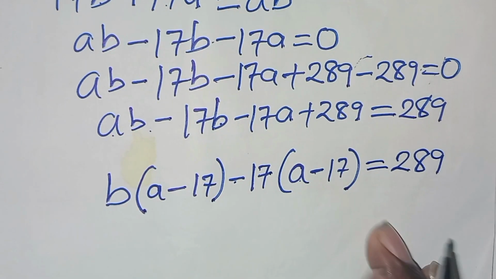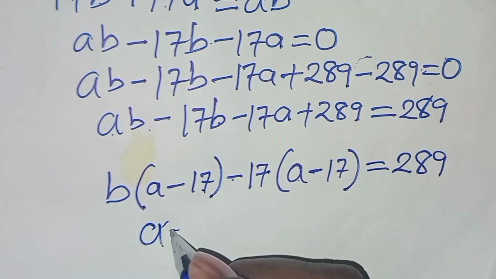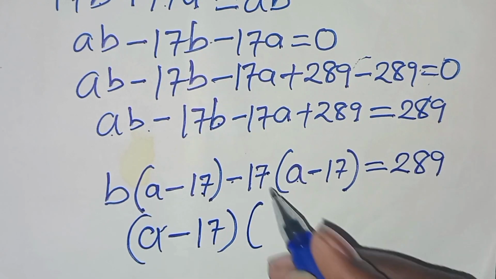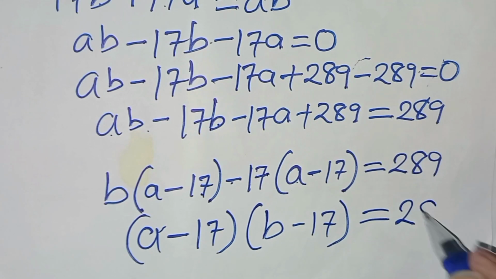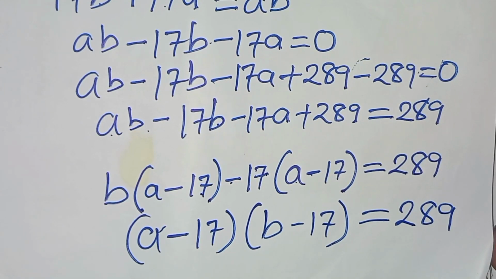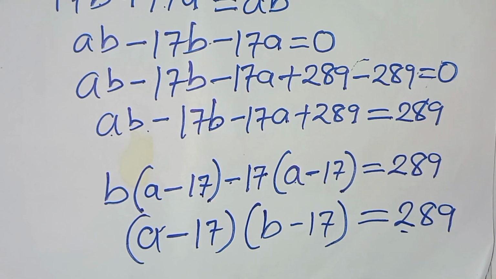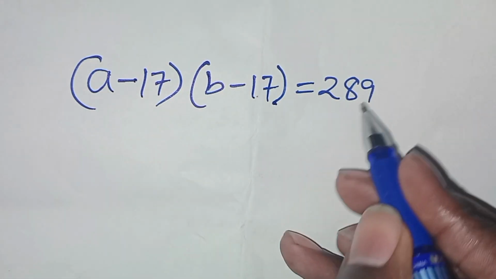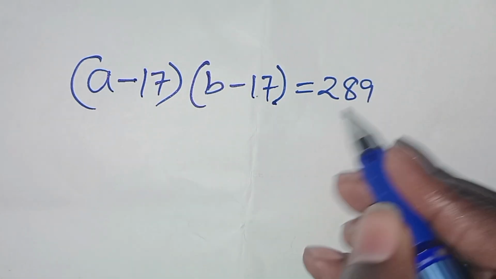The next step here, you find that a minus 17 is common, so we'll have a minus 17 on one side and b minus 17. This is equal to 289. Okay, so the next step here, let's get the factors of 289, what you can multiply to get 289.